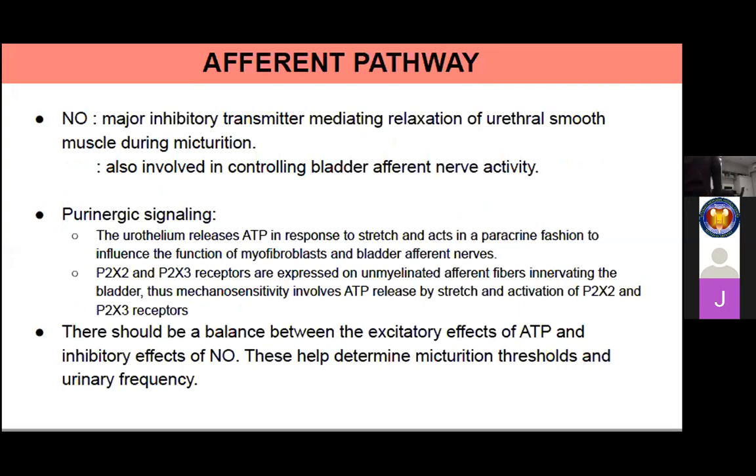As I said a while ago in the picture, it responds to the P2X2 or the P2X3 receptors on unmyelinated afferent fibers, and then it is released by stretch and it activates the P2X2 and P2X3 receptors. There should be a balance between the excitatory effects of ATP and the inhibitory effects of the NO, and this will help determine the micturition thresholds and urinary frequency.